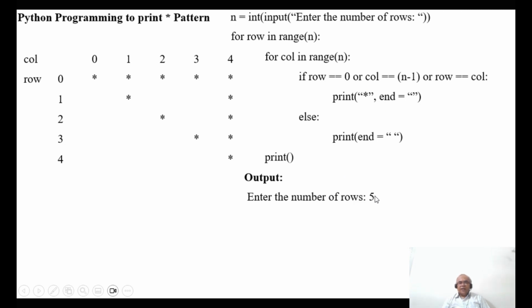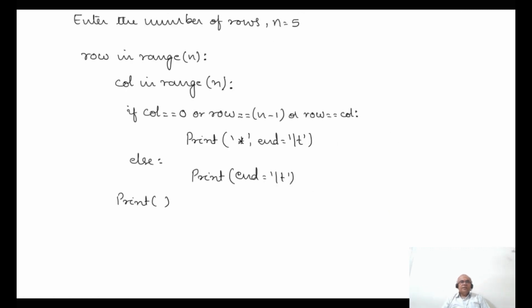So, the number of rows is 5. So, I am entering that. So, you are going to get the print function. Now, how to analyze this? We will write. So here, enter the number of rows, n is equal to 5.